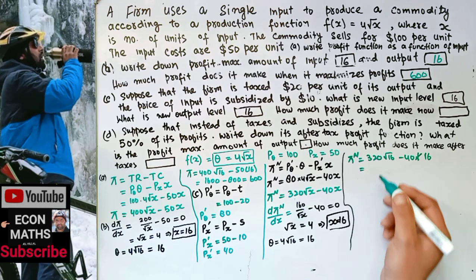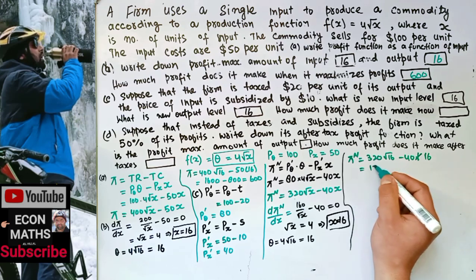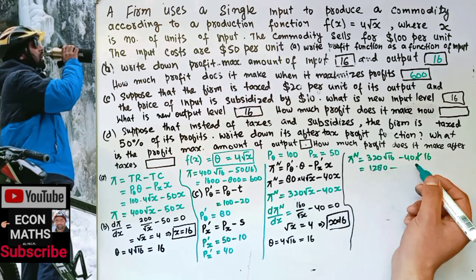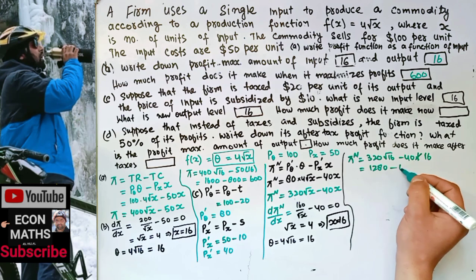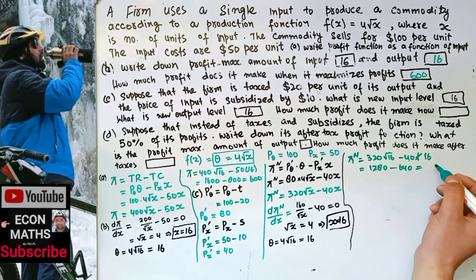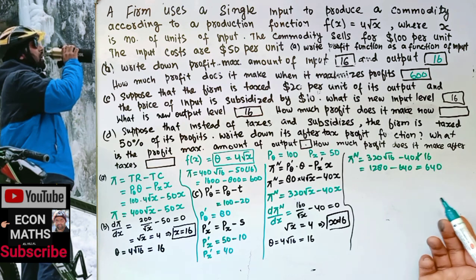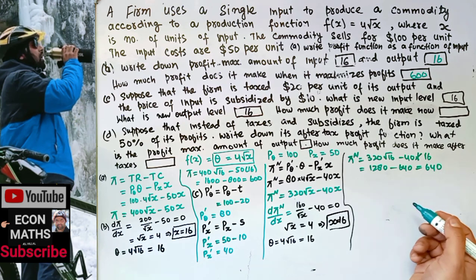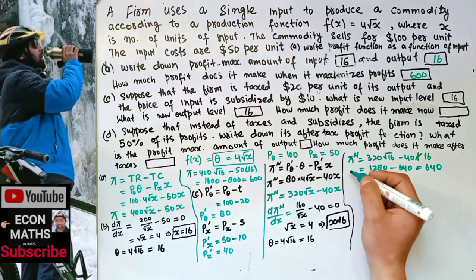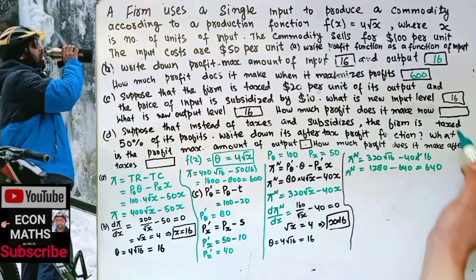So this will become 1280 minus 640. We get a new profit of 640 when input prices are subsidized by $10 and output prices taxed by $10.